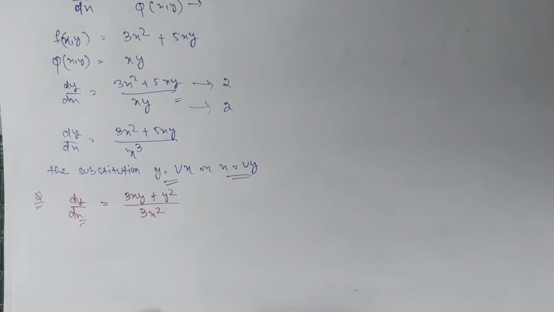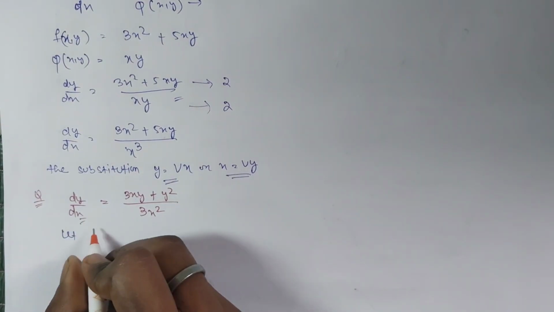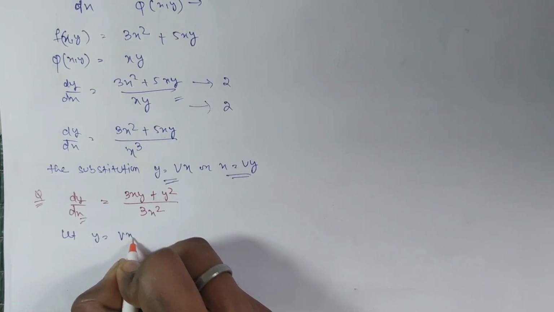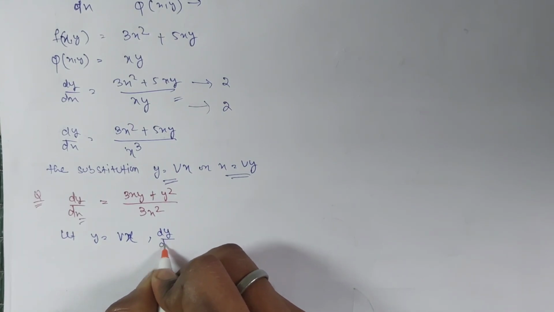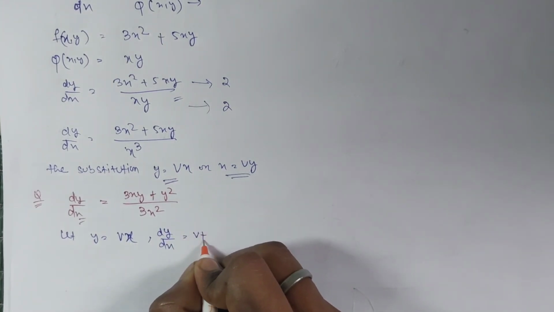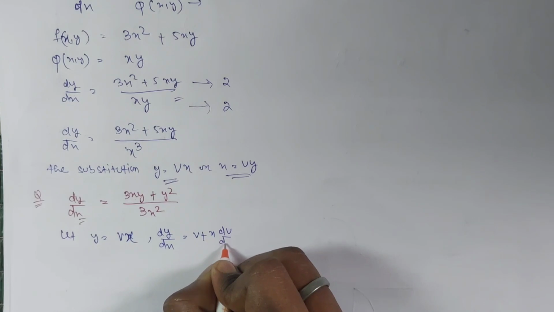Let's see how. Take the substitution y equals vx. Then, differentiating both sides, dy by dx equals v plus x dv by dx.